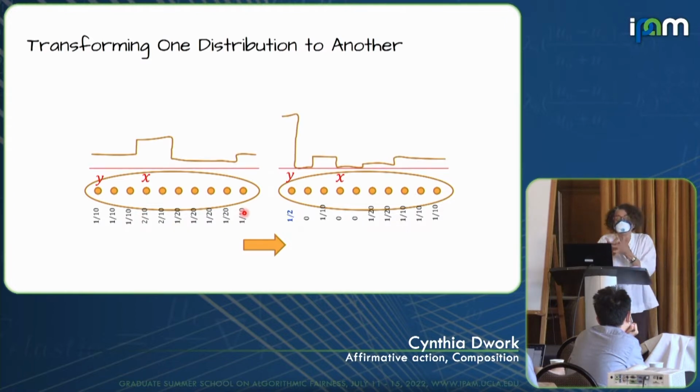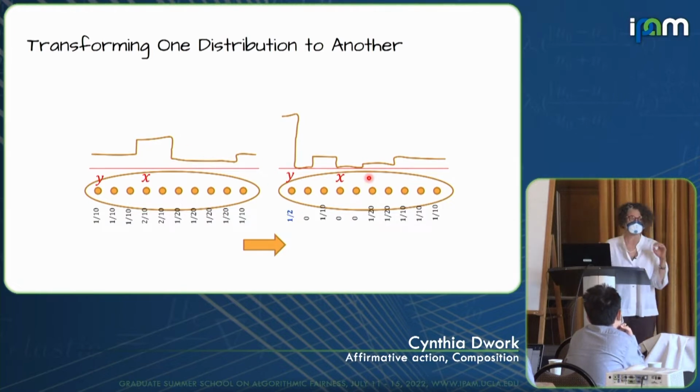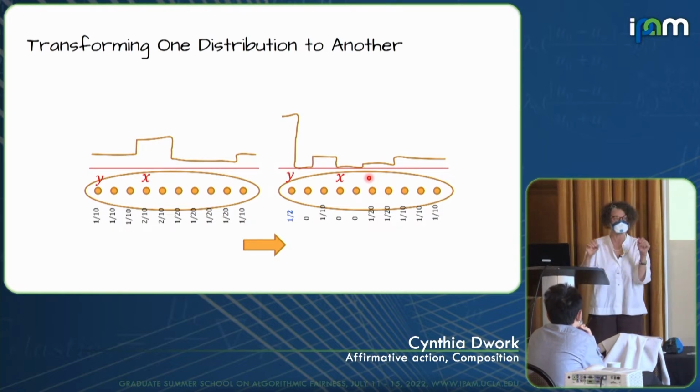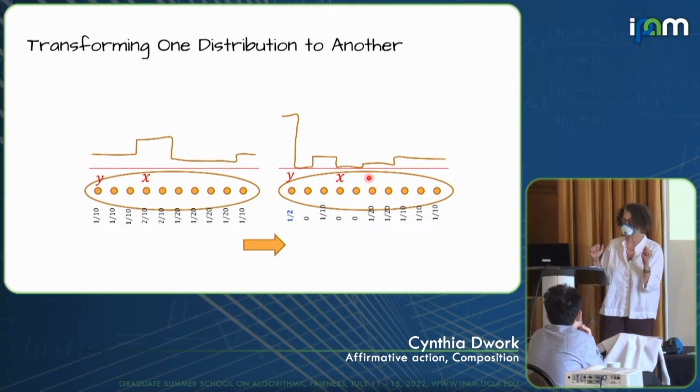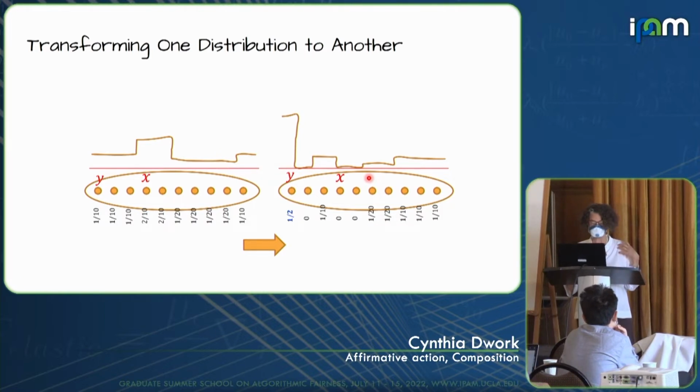So here is a picture of my two distributions. So here's Y of a half, that looks much larger. Here X is 0. Here X is 2/10, and so on. So these are just different. Think of them almost as skylines, two different possible skylines. Now, I want to transform one to the other.